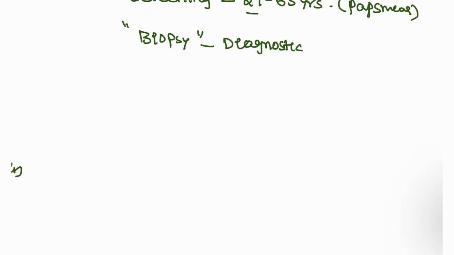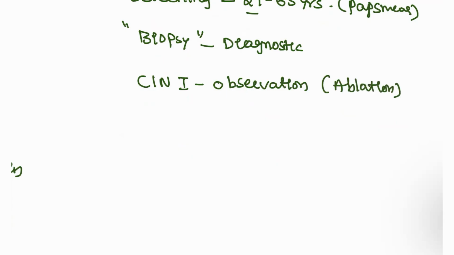So management for CIN1, we can go for observation because it is less than 1/3 only. Ablation can be done for this patient. For CIN2 or 3, we are going to use the LEEP. What is meant by LEEP, guys? Loop electrosurgical excision procedure. With the help of the loop, we are going to proceed.